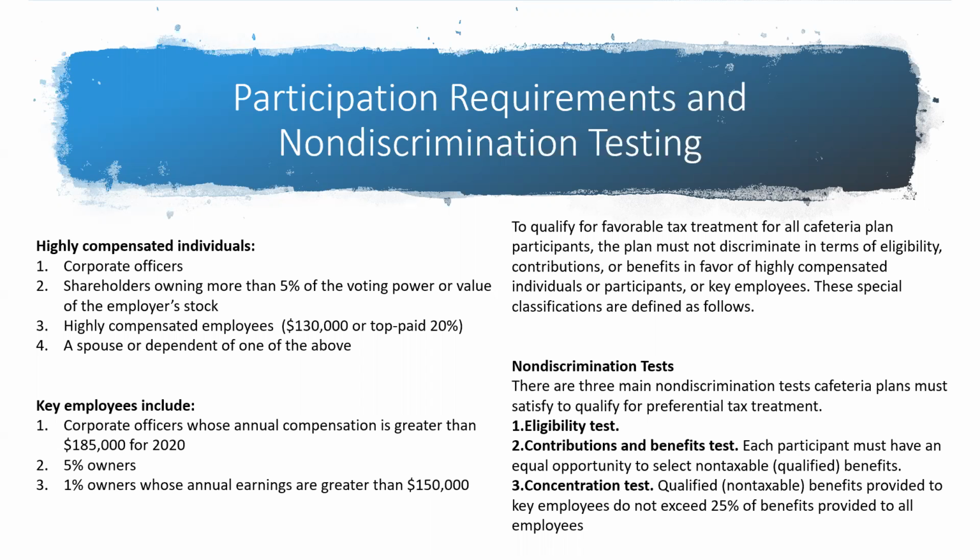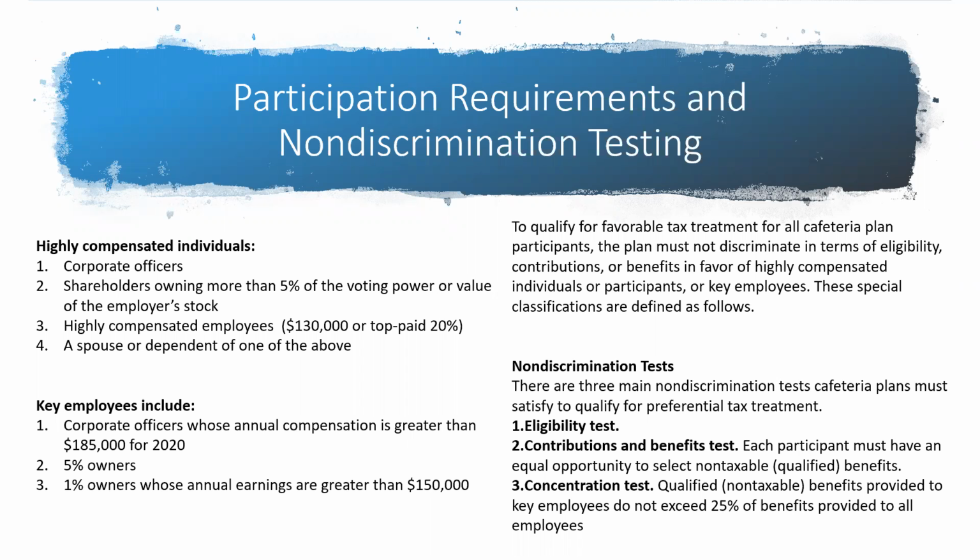To qualify for favorable tax treatment for all plan participants, the plan must not discriminate in terms of eligibility, contributions, or benefits in favor of highly compensated individuals or key employees.